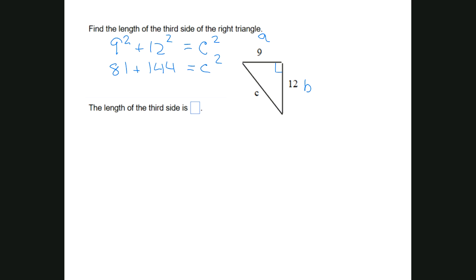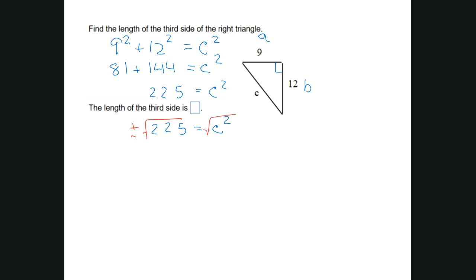81 plus 144 is 225. Now that we have c squared isolated, we need to do the square root property to both sides of the equation.